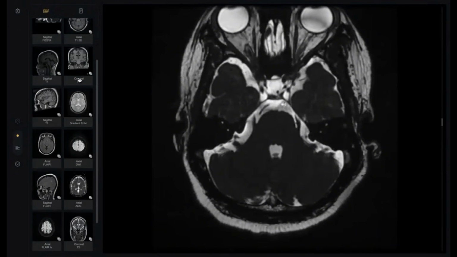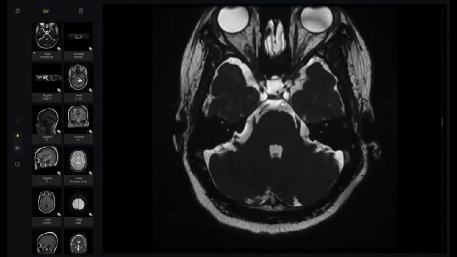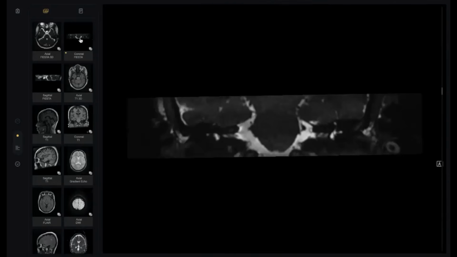T2 or FLAIR. Okay. To save your time, look here, please. Doctor, you start with CISS or FIESTA. Both are, by the way, my colleague, fluid sensitive, high resolution T2 with something like 3D.